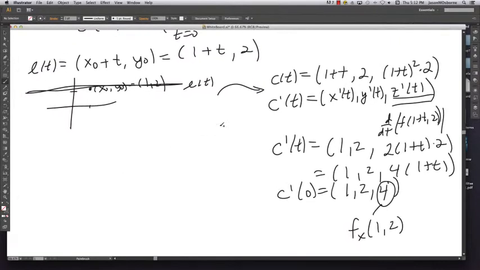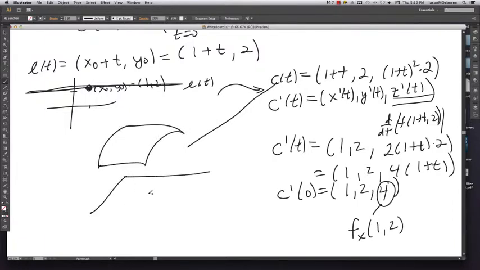Okay. So what we just did here, we made our curve on our surface. We had the line through the point x naught, y naught. We then made a curve on our surface that went in that direction x. We drew it. There's our curve c of t. We then found c prime of 0.